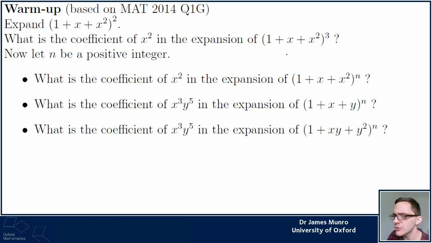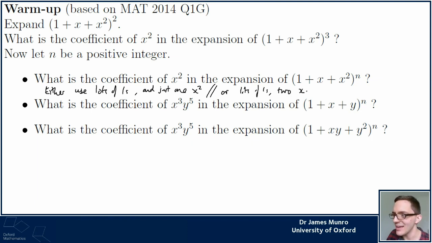Here, I suppose our choices are to use lots of 1s and just one x squared. That's one way to make x squared. Or lots of 1s and 2 x's.